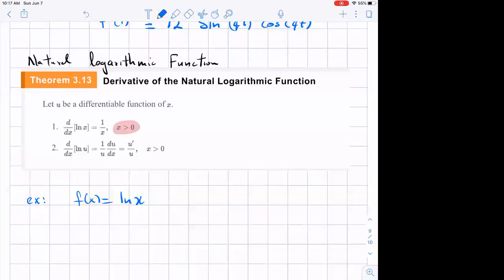So this is very important here, right? That x has to be greater than 0. So if f of x is equal to ln of x, then find f prime of x. F prime of x is just 1 over x.